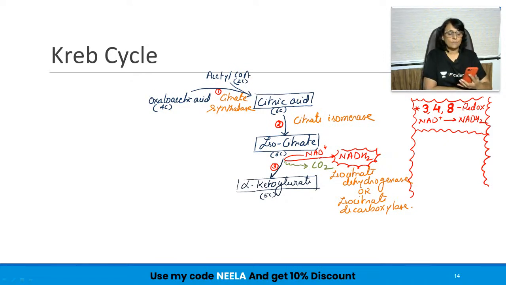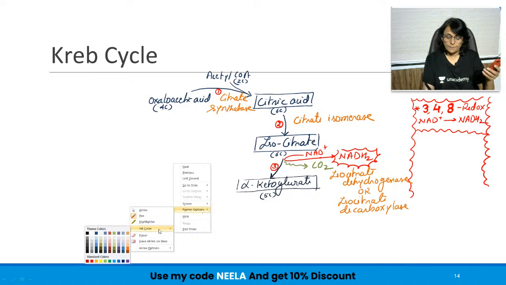Anybody who has any confusion in these enzymes? The reaction itself helps us identify the name of the enzyme. So one carbon dioxide is given out, one NADH2 is produced. Any problem in these 3 steps, 1, 2 and 3? If not, then let us come to the next step.